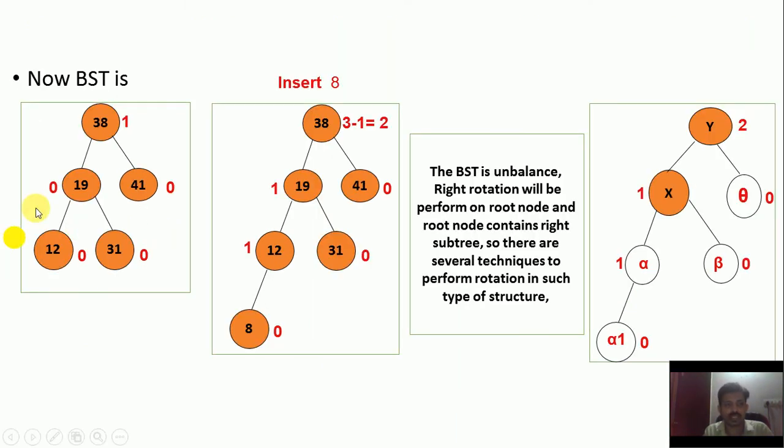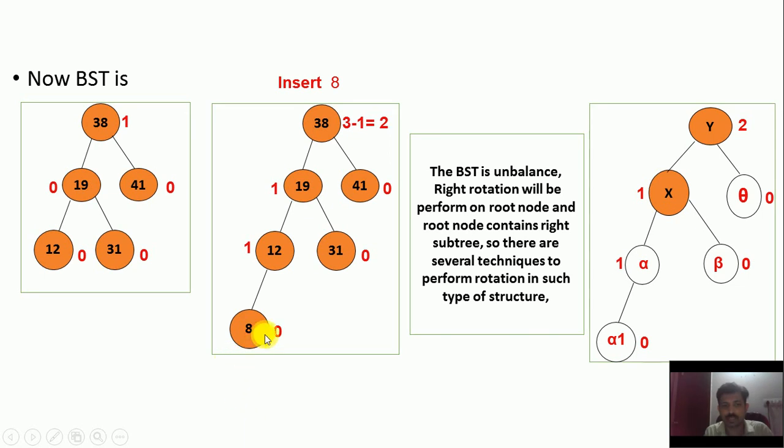So this is another example where you can see that the first one is a balanced tree, and when key 8 is inserted into the first balanced tree, then this tree is unbalanced. The balance factor is computed for every node as the height of the left subtree minus the height of the right subtree.